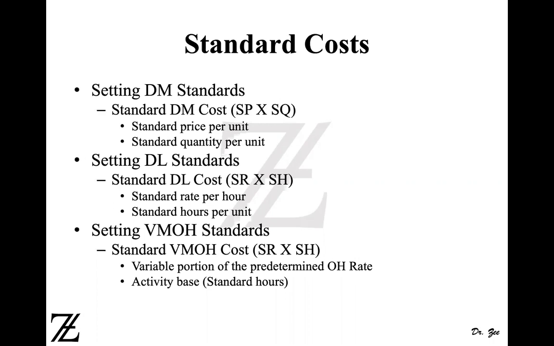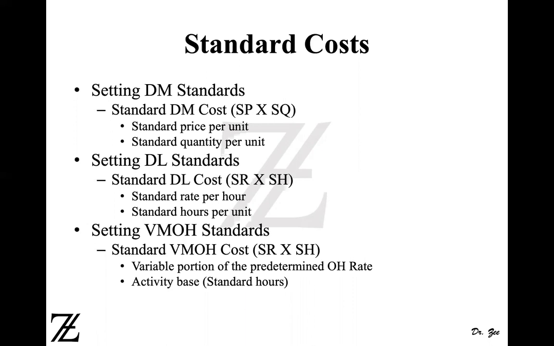Standard price would be how much you paid per pound of plastic, and the standard quantity is how much plastic you used to produce 1 unit. Okay, so that's how you determine the standard price and standard quantity.